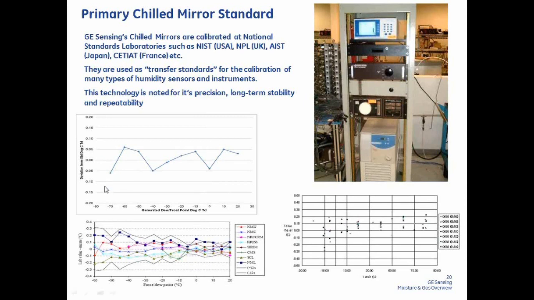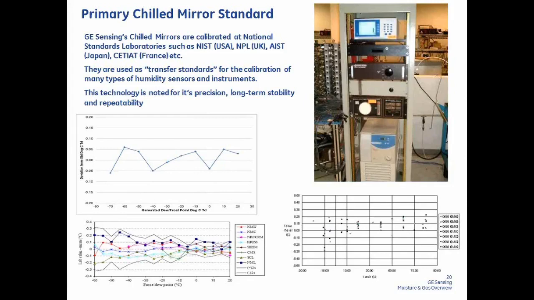This is just data from NIST itself that shows the deviation from their standard. The graph below that was an interlaboratory study done a few years ago in Asia between 9 different Asian labs and NIST. So a single unit was calibrated at NIST and put through a round robin of testing.